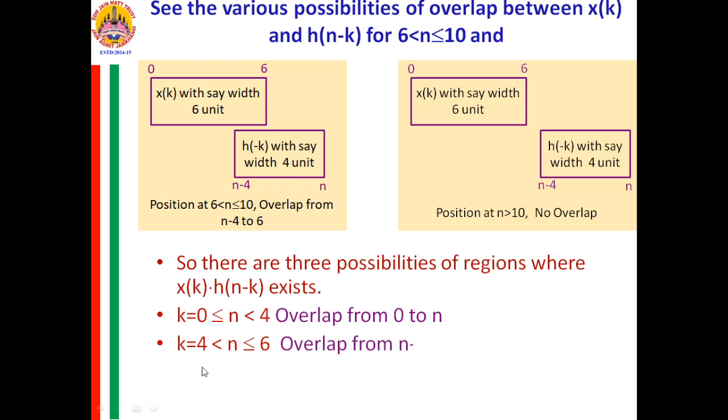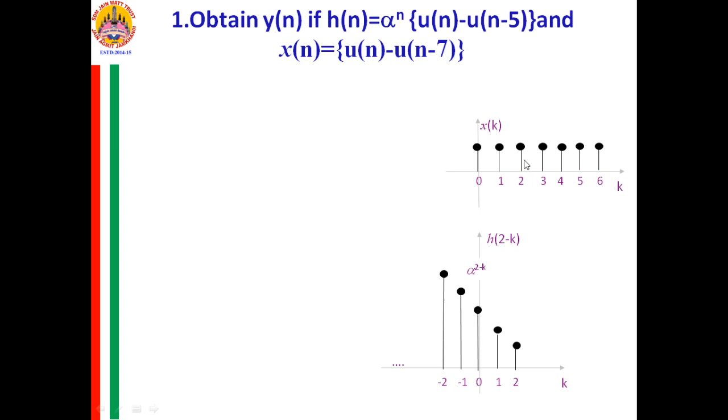Then the other region for n greater than or equal to 4 and less than or equal to 6, with overlap from n minus 4 to n. And the last region where they overlap is for n greater than 6 and less than or equal to 10. The overlap is from n minus 4 to 6. So in this duration, writing the product of this x[k] and this h of n minus k.